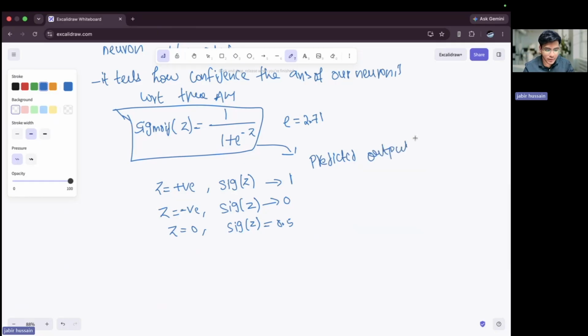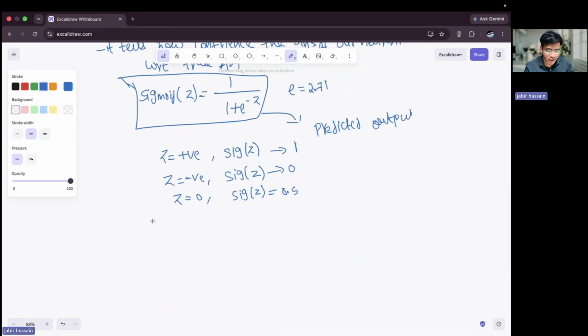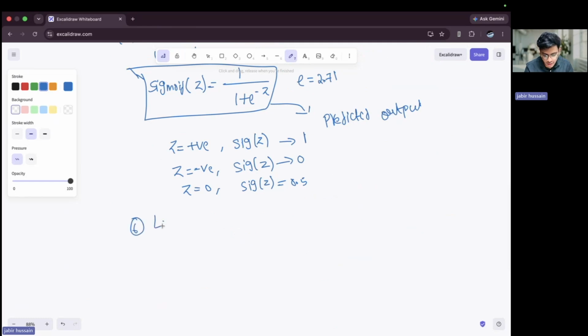Now, I have been talking about loss. What is loss? Loss tells us how far the output is with respect to my true answer.